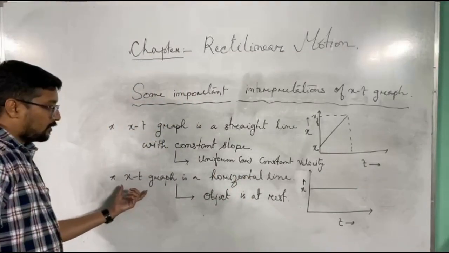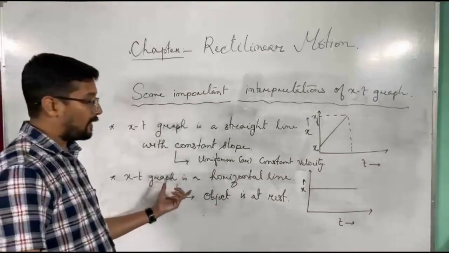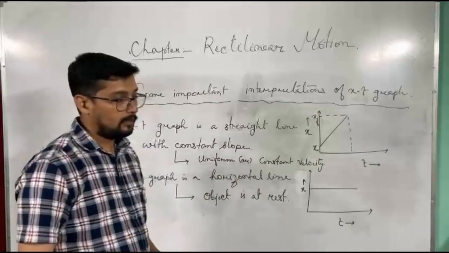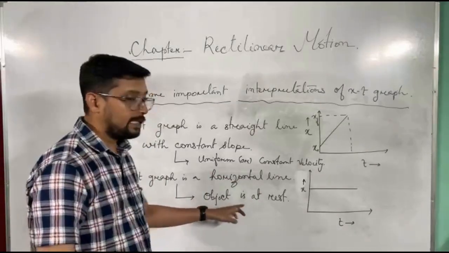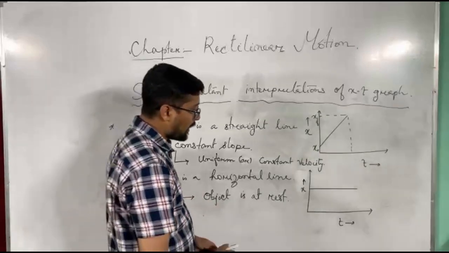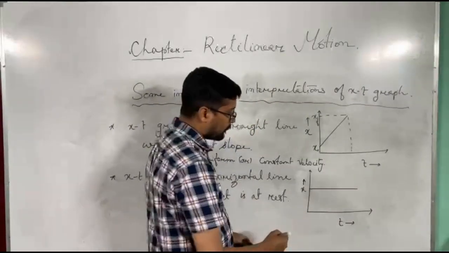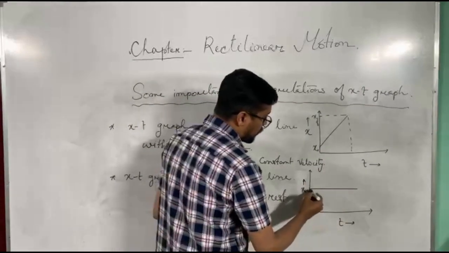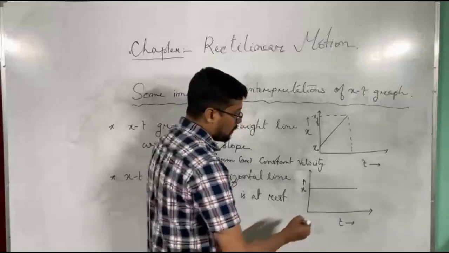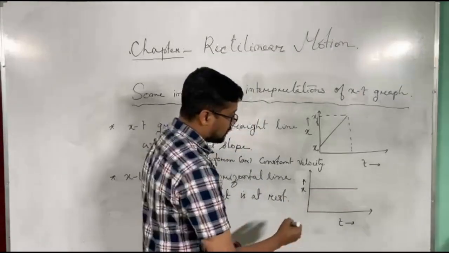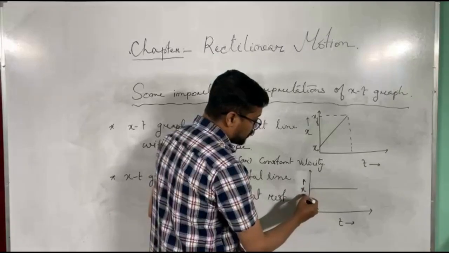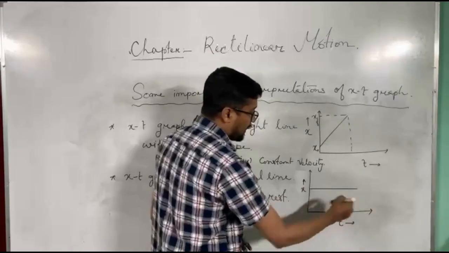Again, if the xt graph is a horizontal line, what does it mean? It means the object is at rest. Why? Now you see this figure. In this figure, I have drawn a horizontal line. This horizontal line represents the position of the object with time.